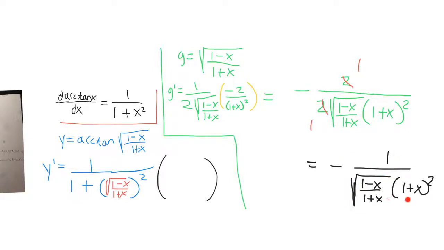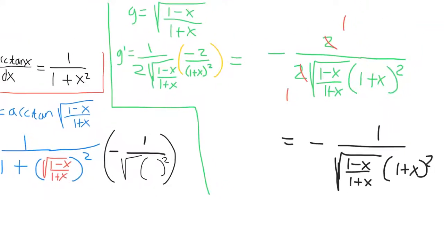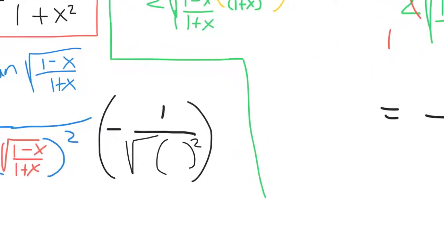All right, so all we have to do is transfer this here. The negative will remain in front of the bar, and then we have this radical and a squared. What was it? 1 minus x, 1 plus x, and then 1 plus x.